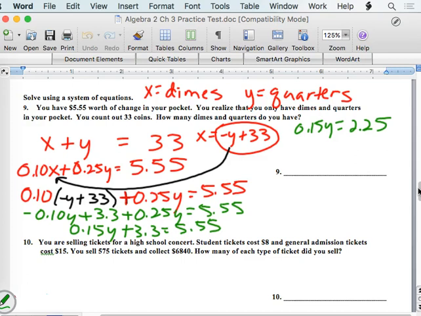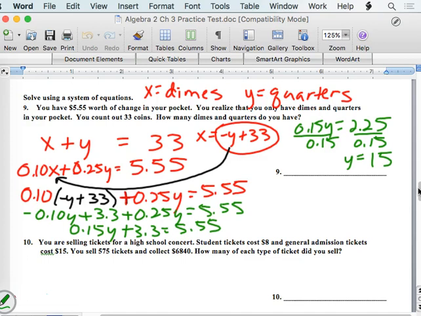Then divide. So our 2.25 divided by 0.15. What you get? 15? 15 what? Yeah, those were the quarters.